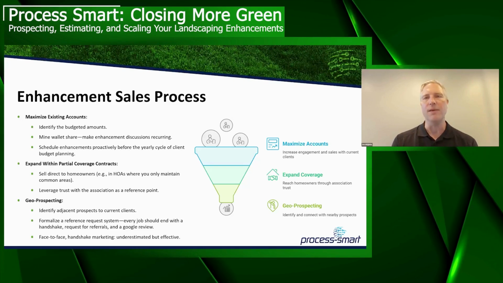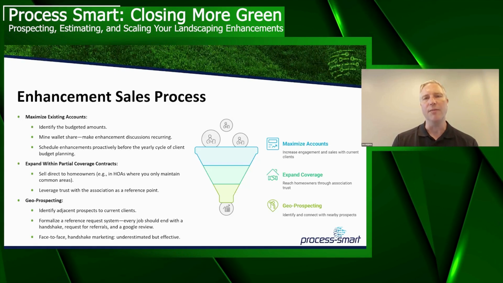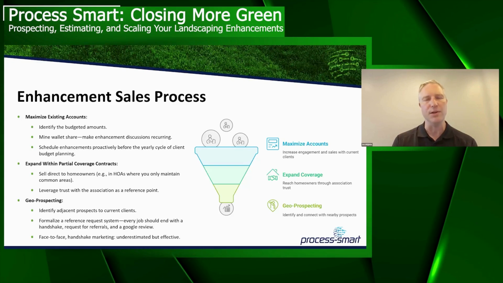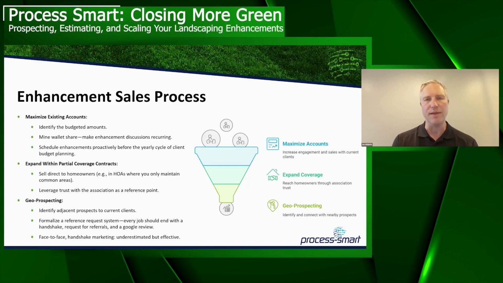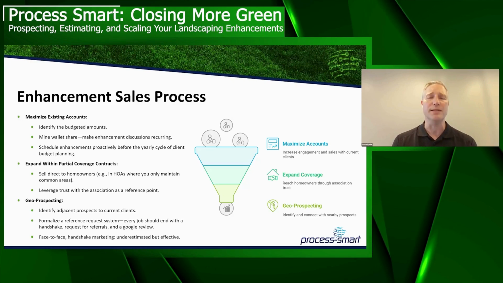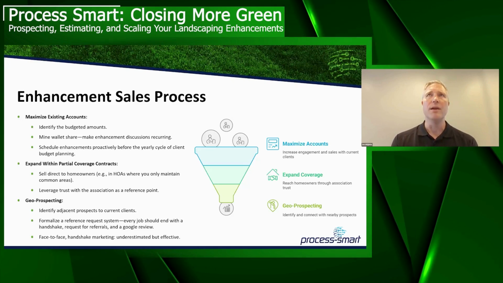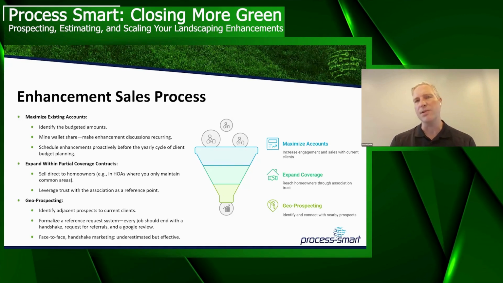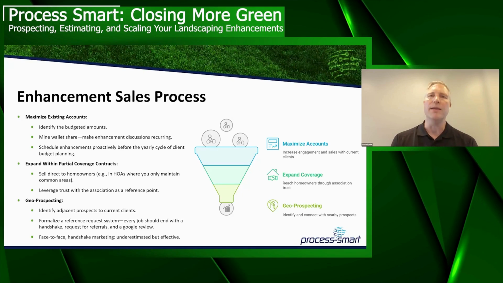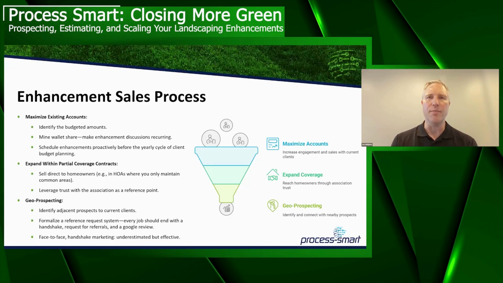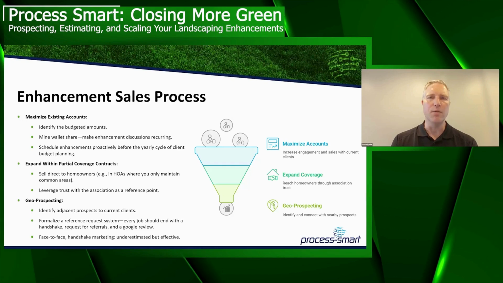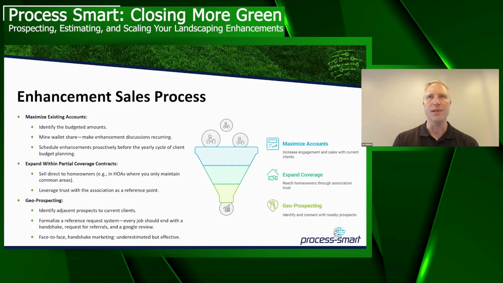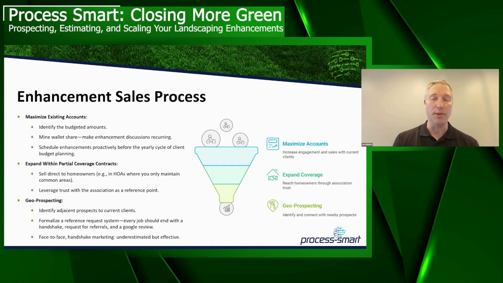Then you get addresses, and have whomever is responsible in your organization, whether that's a business development person, an enhancement manager, or an account manager, give them a sorted list of prospects, with as much information as you can afford from a time standpoint. Is it a property manager? Is it an HOA? Is it a commercial property where you have to find the building management company or the ownership? Whatever it is, give them that defined geo-prospected area.